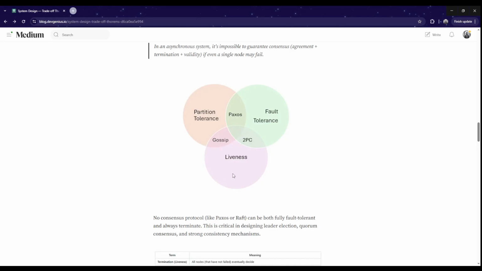So for example, if we decide to choose between liveness and fault tolerance, then we will go ahead with two-phase commit. If we decide between liveness and partition tolerance, we go ahead with gossip protocol. If we want to choose partition tolerance and fault tolerance, we go ahead with Paxos.